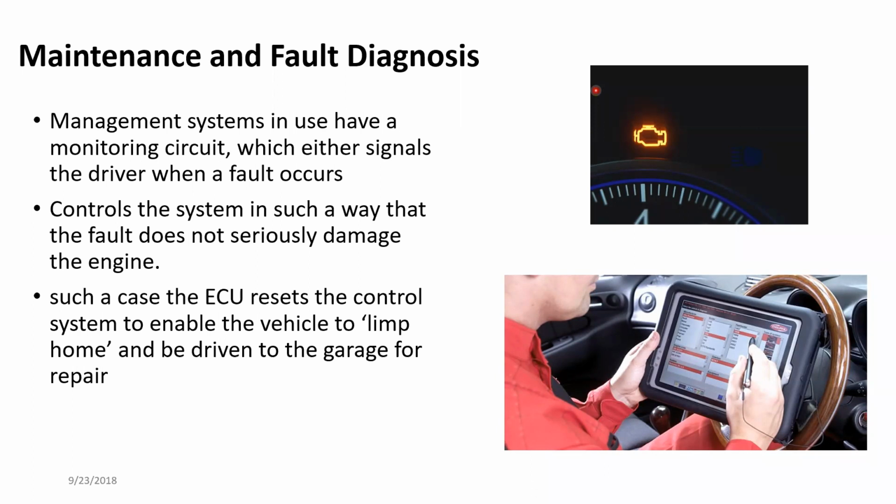But if it is a simple problem, the engine can still run. In such a situation, the engine turns into something called limp home mode, where it provides limited operation until it reaches a maintenance place, or at least until you drive it home or to a garage.